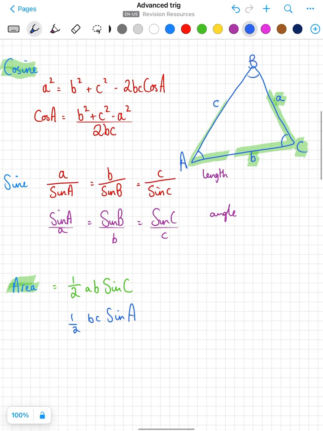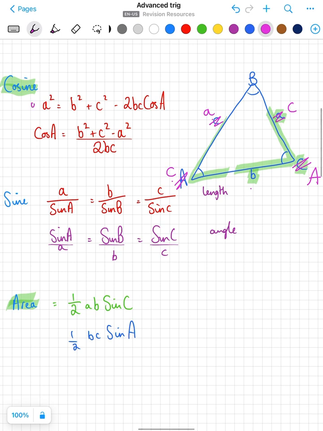Or what I like to do is, if you knew angle A, I would change that to C, therefore this is now C, therefore we could make this angle A and this side a. And then you're left with half ab sine C. Doing it this way and changing which angles and which sides will allow you to just learn one form of the equations.